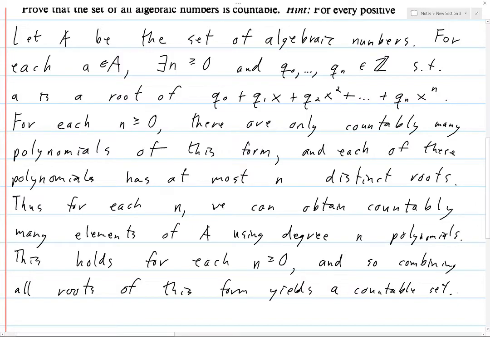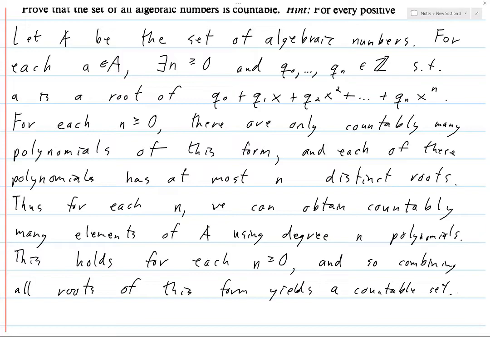And for each n, you get a countable list of roots in this way. And so you get such a countable list for n equals 0, n equals 1, n equals 2, n equals 3, etc. And then if you want to combine all of these lists together, then you can weave through these again.